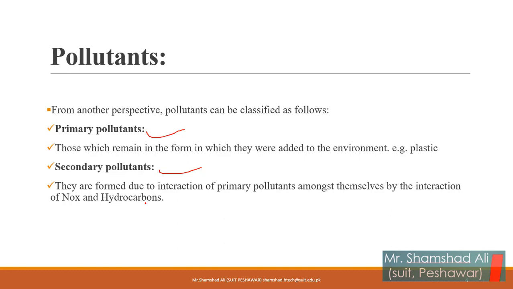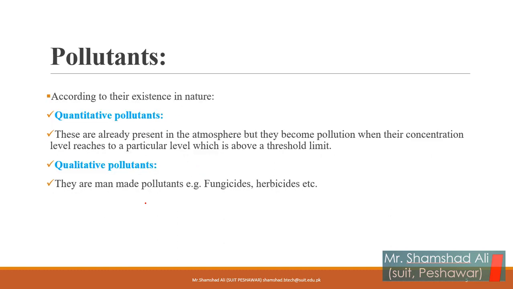So moving on to the next level, according to their existence in nature. Pollutants can be further classified according to their existence in nature. Quantitative pollutants are already present in the atmosphere, but they become pollution when their concentration reaches a particular level which is above a threshold limit.